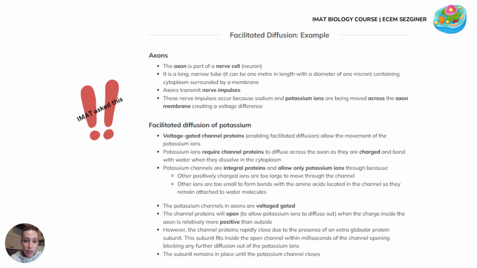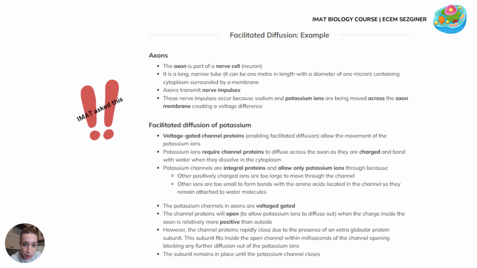So the axon is a part of the nerve cell or neuron. It has a long, narrow tube structure, and it transmits nerve impulses, and it can transmit these nerve impulses thanks to the sodium and potassium ions being moved across the axon membrane.